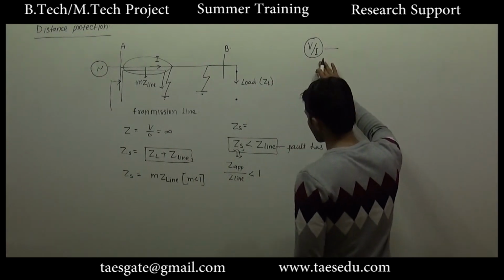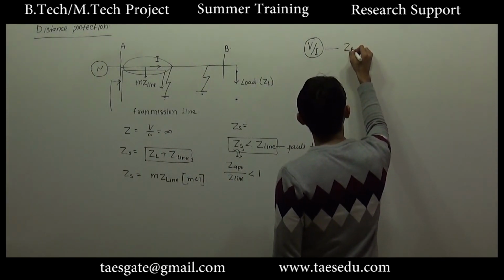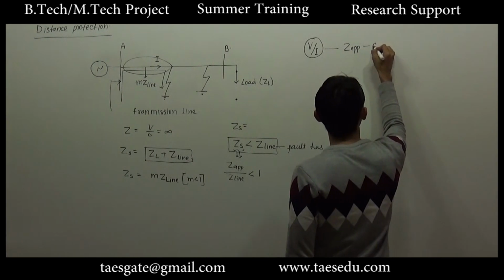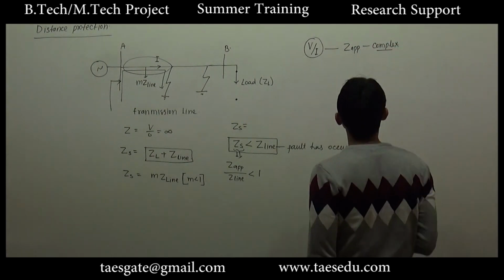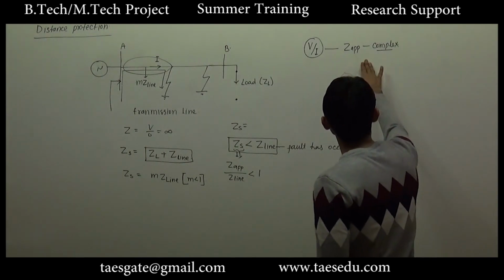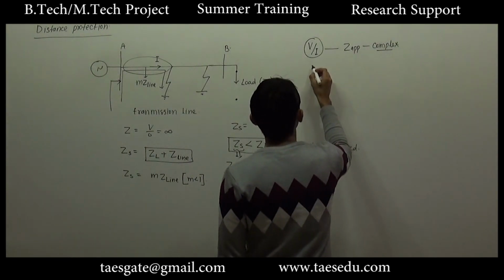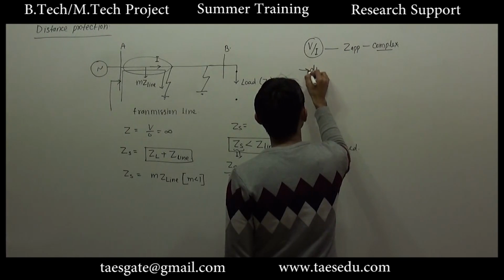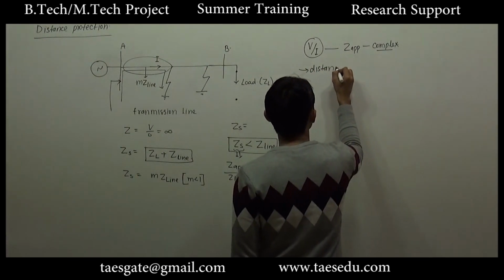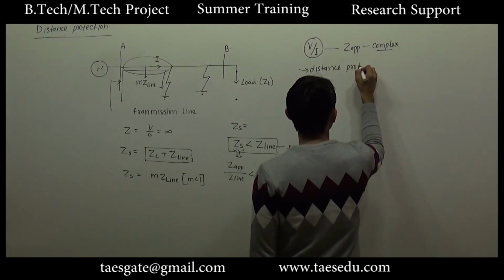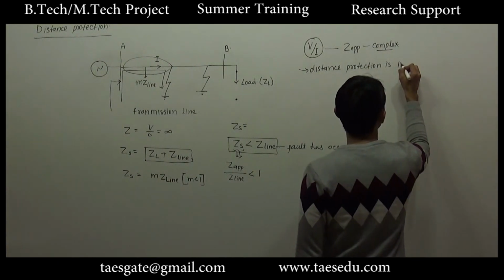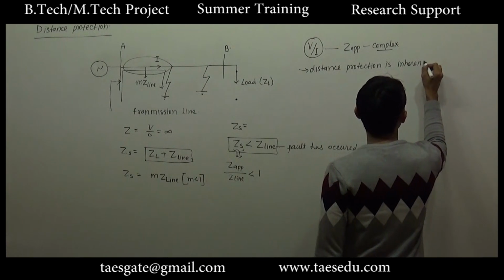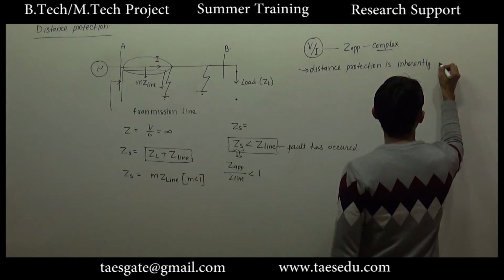Okay, so if these are phasor quantities, Z apparent will be complex, and if Z apparent is complex, we can say that distance protection is inherently directional.